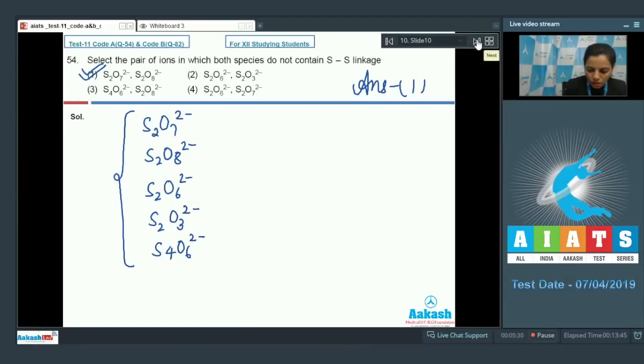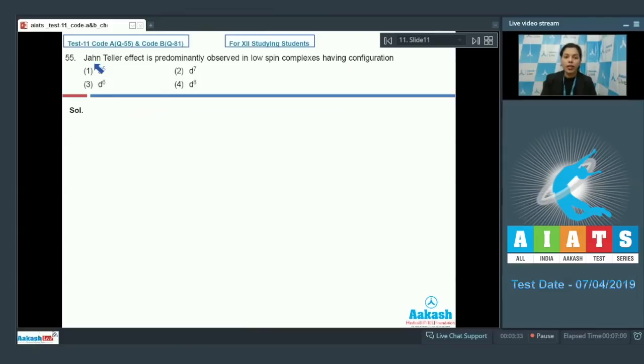Let's take the next question. Question number 55. Jahn-Teller effect is predominantly observed in low spin complexes having configuration. If I talk about the Jahn-Teller effect, that is predominantly observed in the complexes in which unsymmetrically filled orbitals are present. Suppose I'm talking about d7 configuration, where seven electrons are there.